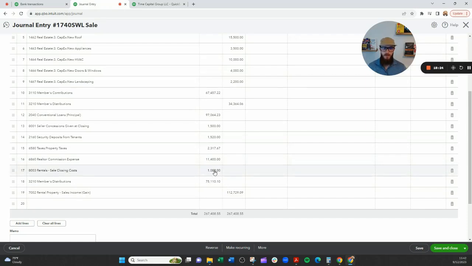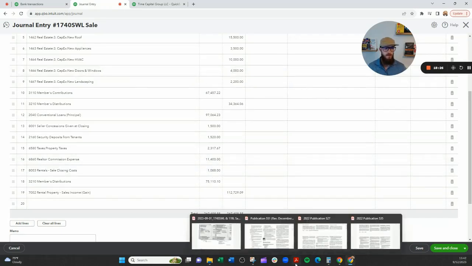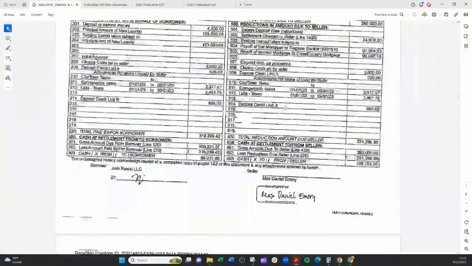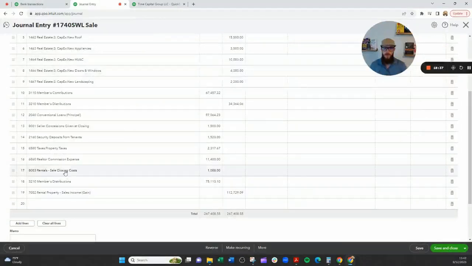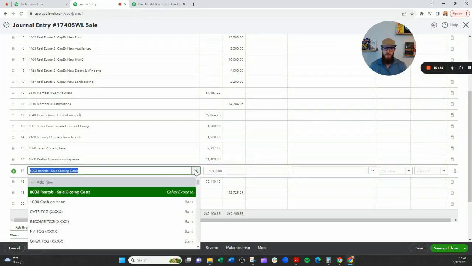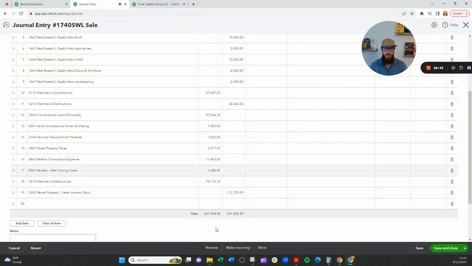Sell closing costs. So let's go back to the HUD statement and look at everything on the settlement charges besides the realtor commission. All these, I have put into my rentals, sell closing costs, other expense account, okay?